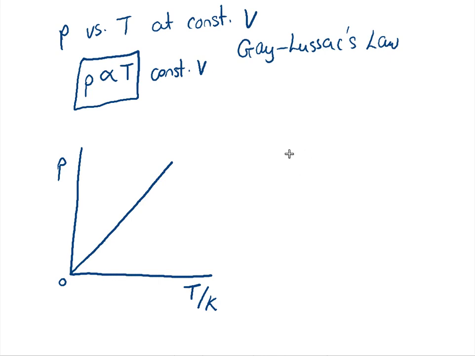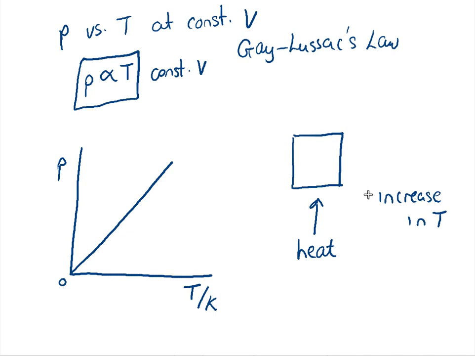Now, what's the rationalization for this? Well, imagine that we have a fixed volume of gas in a container, so that's fixed volume. And imagine that we were to heat our container, so therefore we have an increase in temperature. What's going to happen to the molecules of gas in the container? Well, they're going to get more energy, they're going to get more kinetic energy, they're going to be moving faster, and the collisions are going to be more energetic.